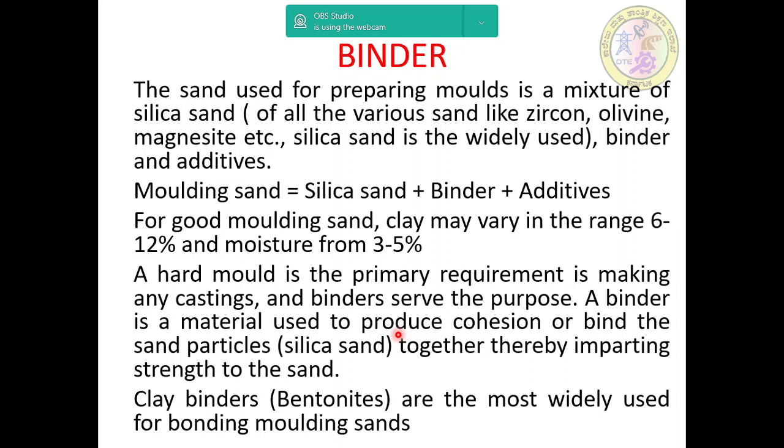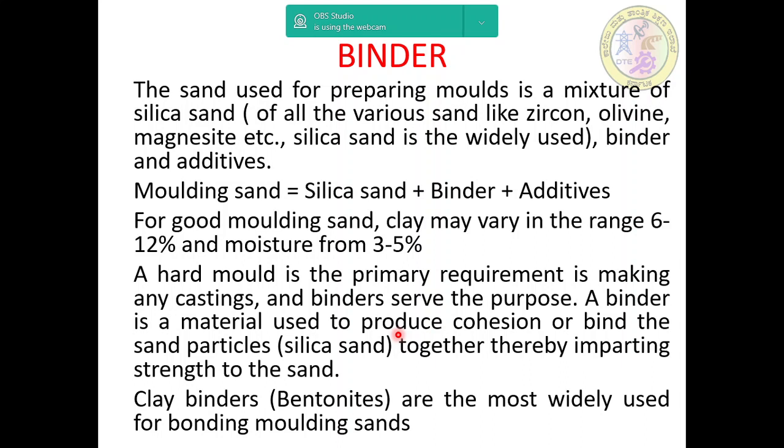Clay binders, for example bentonite, are the most widely used for bonding sand particles together. But clay tends to bind sand particles only in the presence of water. The amount of water added to the clay should be based on experimental trials, because if too little water is added, the sand will lack strength as the bond between the sand is low.